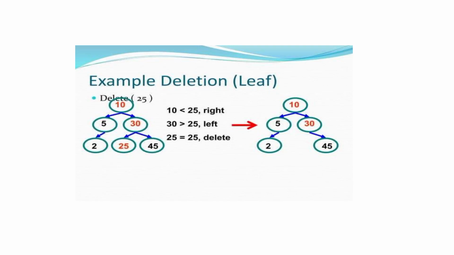If you are deleting the root node, we need to find the in-order successor. The in-order successor for this particular node is 30, so we replace 10 with 30 and delete the 10. And if you are deleting 5, 5 contains only one child, that is 2, so you can delete the 5 and replace it with 2. So these are the deletion properties.